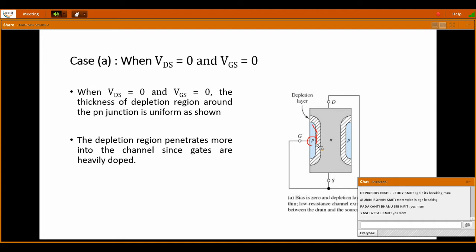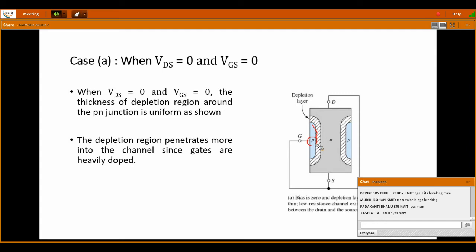So the diffusion takes place more from P to N because the carriers are more in number in the P-type material. So the depletion layer is penetrating more into N-type material as compared to P, from N to P, because N is lightly doped as compared to the P region.